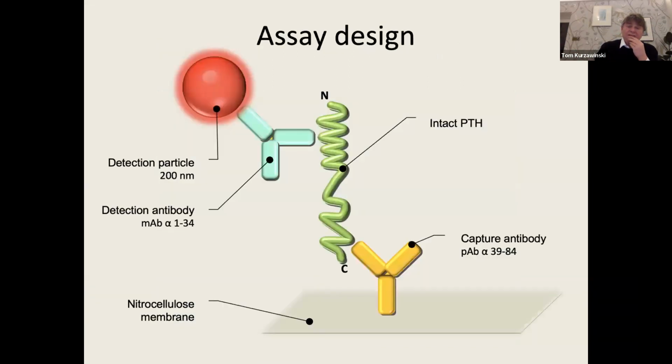The design of the assay for all the platforms is always the same: immunochemiluminescence or another technique. PTH is a peptide of 84 amino acids, and you need 2 antibodies to measure it. One is stationary and one is linked to the detection particle. So this is just a very superficial introduction to what happens behind the scenes when we do the measurements. The same techniques are used for the main platforms.